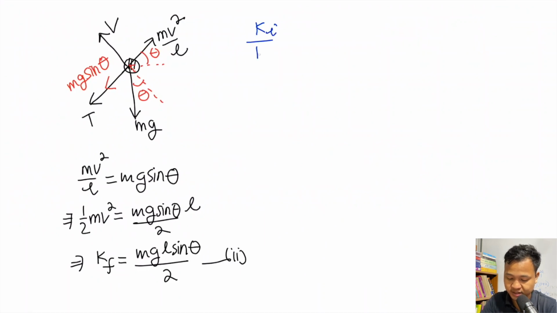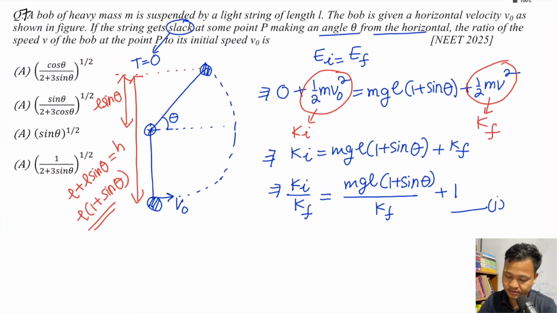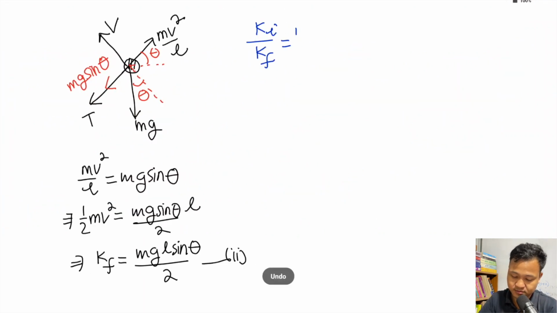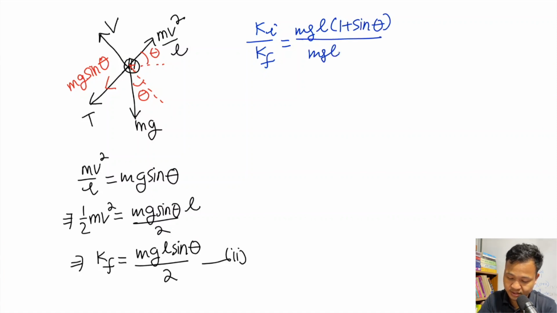K initial by K final equals m g L into 1 plus sine theta, divided by m g L sine theta divided by 2, plus 1. So m g L gets cancelled out, and the 2 goes upside.